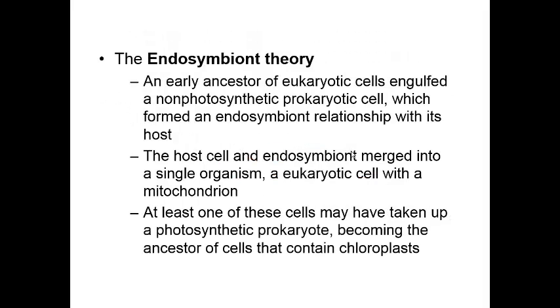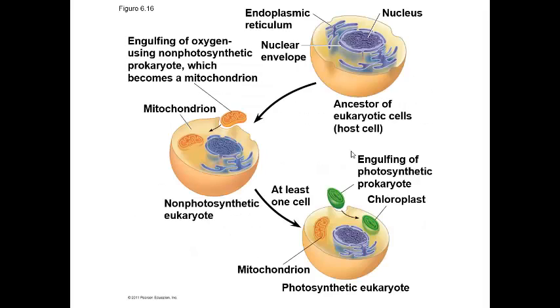The theory that describes how these two cells formed a close and permanent relationship, the theory that describes the origin of mitochondria and chloroplasts, is called the endosymbiotic theory. Here we see a picture of what happened.